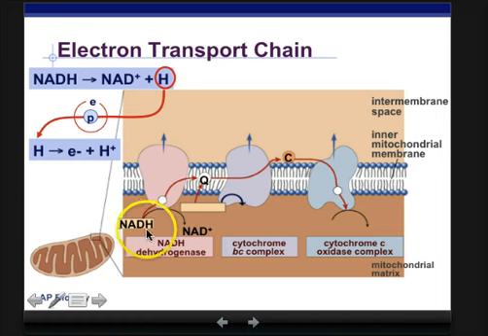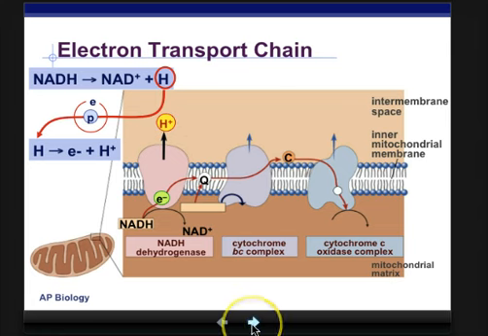So here is that reaction, NADH to NAD+, and then we've got a bunch of NAD+ hanging out in the matrix to be used elsewhere to become NADH again. So it's a recyclable molecule, remember. Then here's our hydrogen, which splits, and there's our electron, and out goes a proton.